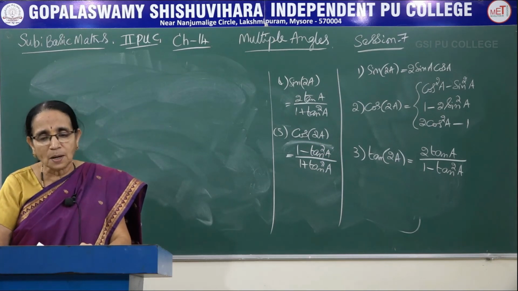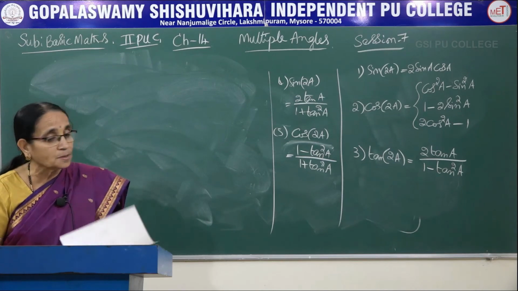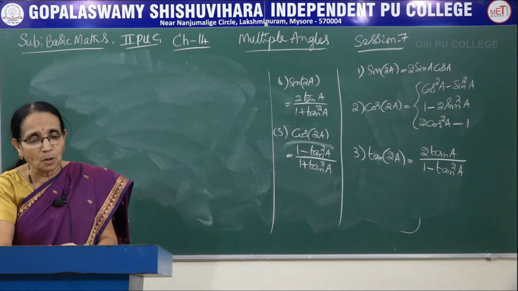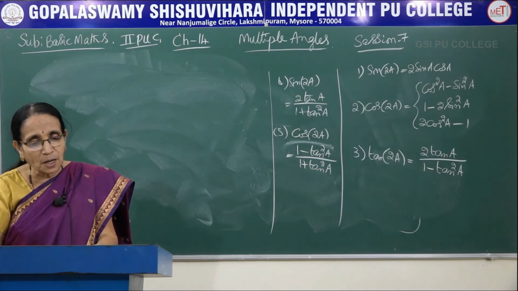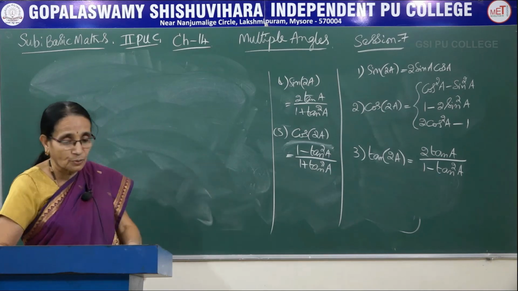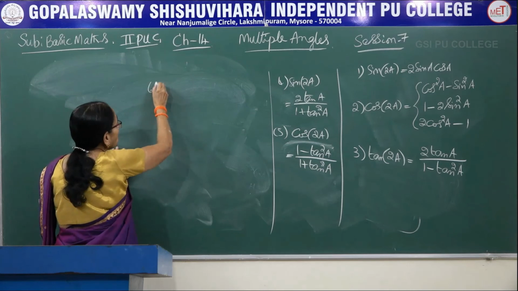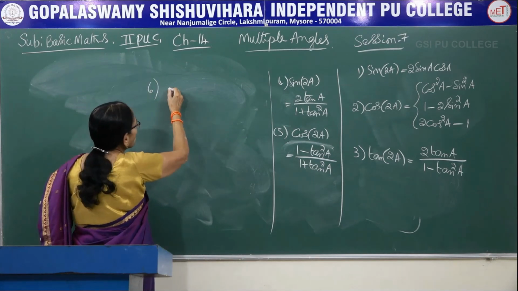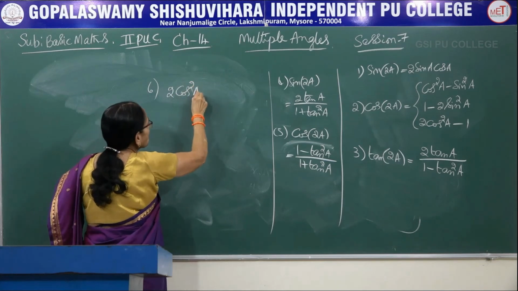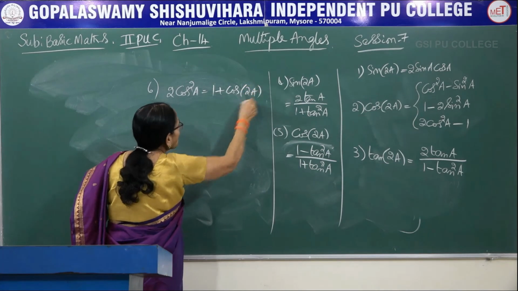If you remember all these different ways of expressing the same thing, it will be easy for you to solve the problem. For that reason, we have to learn all these formulae by heart. So together these are five. I am considering the other 2 also. For example, the sixth one would be: 2 cos square a can be written as 1 plus cos of 2a.